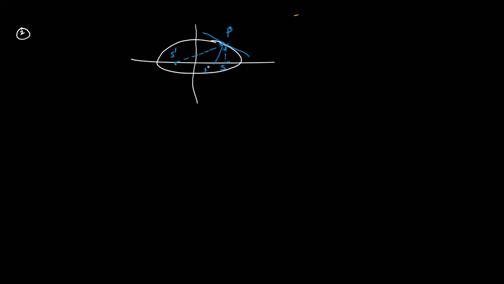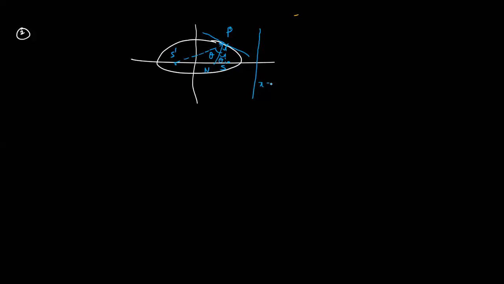What you are observing in this case here, this is angle theta, means this one is also angle theta. That means this PN bisects angle SPS dash. This property is very important. That means the angle of incidence ray is equal to the angle of reflection property. That is the meaning.